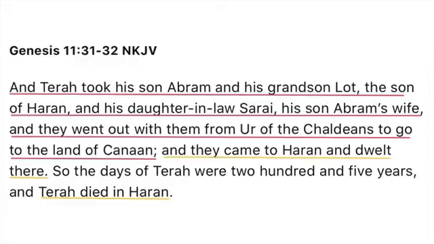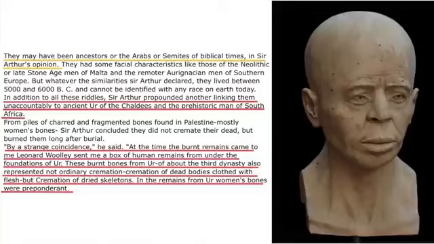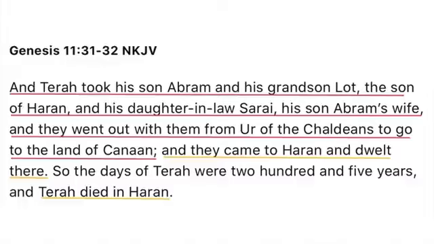And they came to Haran and dwelt there. So the days of Terah were 205 years, and Terah died in Haran. So it's interesting how these Natufian remains seem to be linked to Ur of the Chaldees and even prehistoric man in South Africa. So it's very interesting.